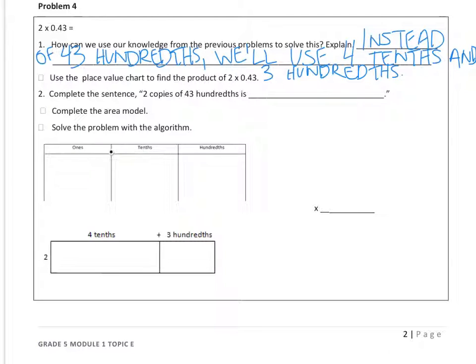Okay, so I'm going to model that as 1, 2, 3, 4 tenths. I just want to point out that check out how our 4 is in the tenths place, so that's how we know we're good. So 4 tenths and 3 hundredths, 2, 3.